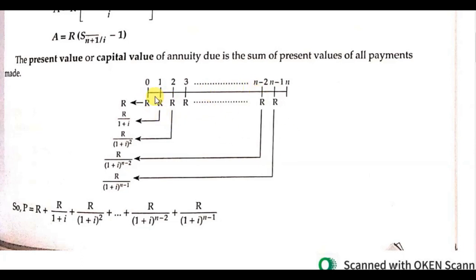Now look at this diagram. In this diagram you will see a horizontal line, naming the 0 time period, first time period, second, third and so on, n-2, n-1 and n. So that means from 0 to n.